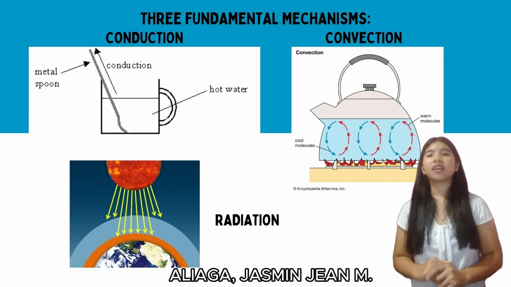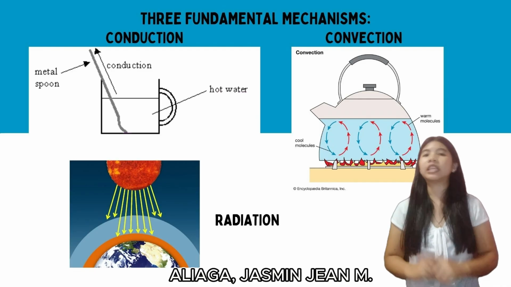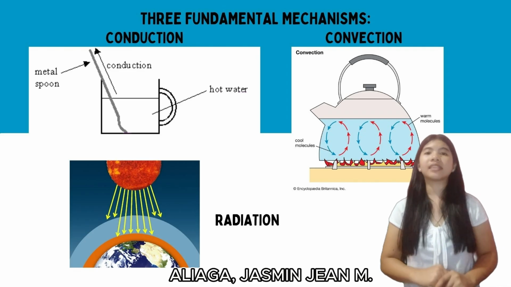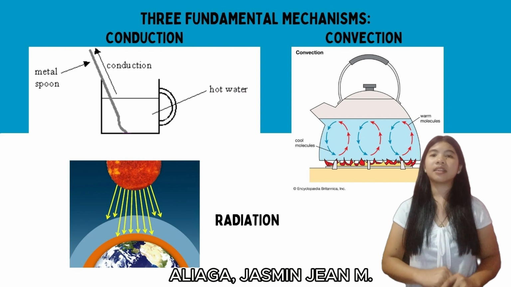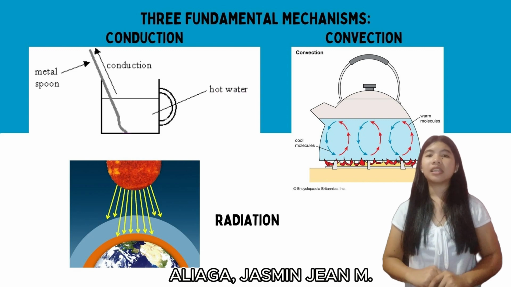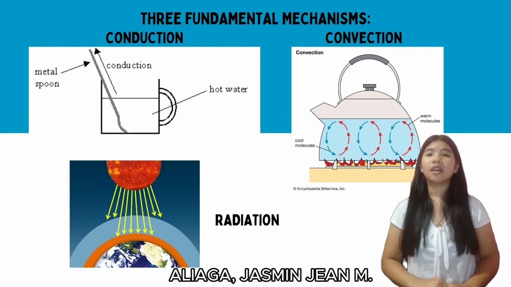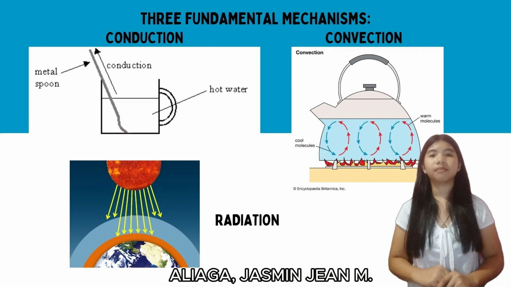Next is convection, the transfer of heat by the bulk movement of fluids, the liquids and gases. Warmer, less dense fluid rises, while cooler, denser fluid sinks, creating currents that transfer heat. This can be natural due to buoyancy force or forced using pumps or fans. Boiling water circulating in a pot is a good example.